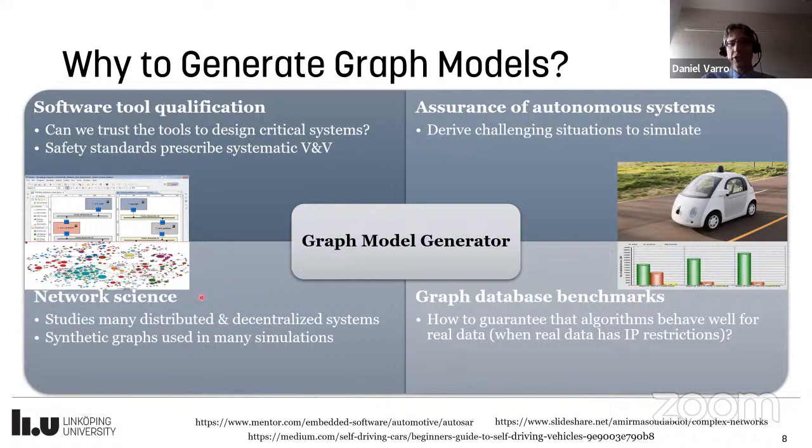One is network science, to study different kinds of distributed and decentralized systems. They use synthetic graph generators in the context of many simulations. And the graph database community also heavily relies on benchmarks.